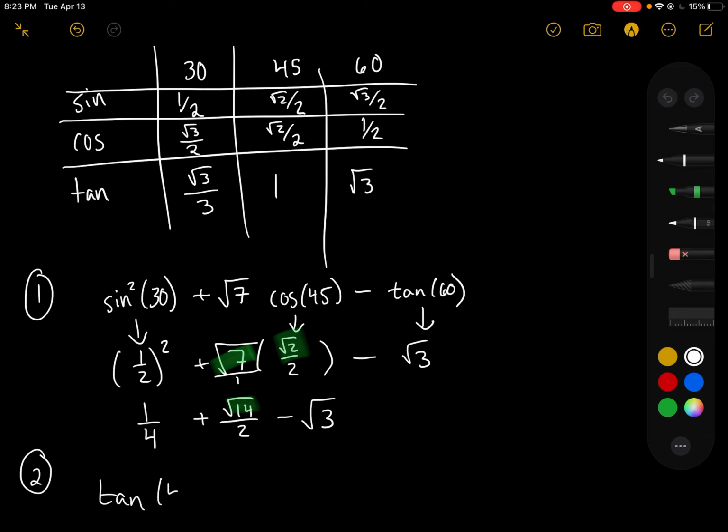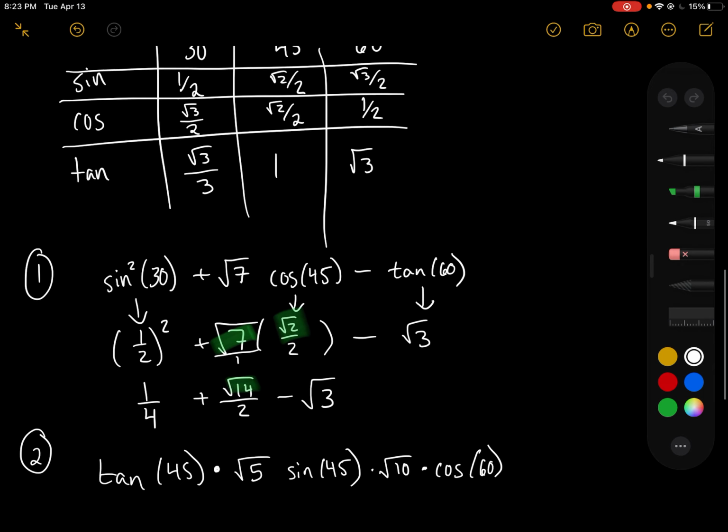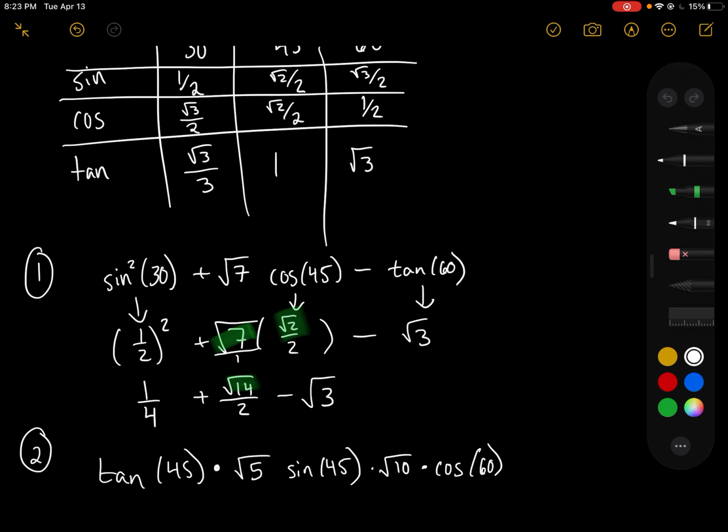So what if we had something like the tangent of 45 times root 5 times the sine of 45 times root 10 times the cosine of 60.